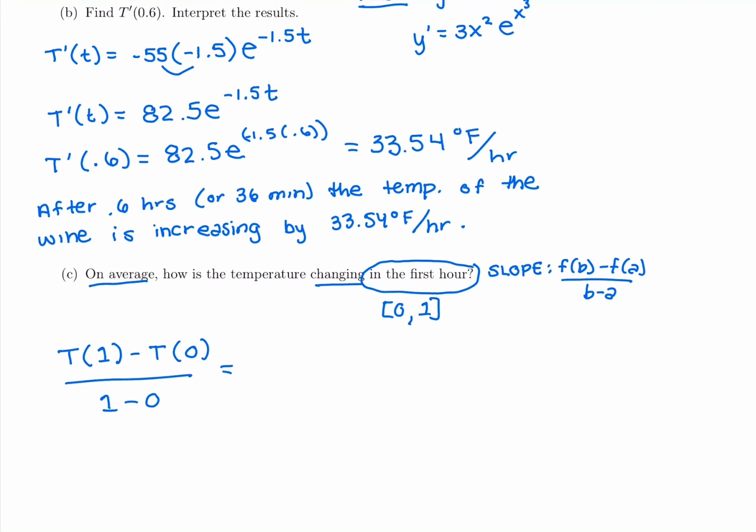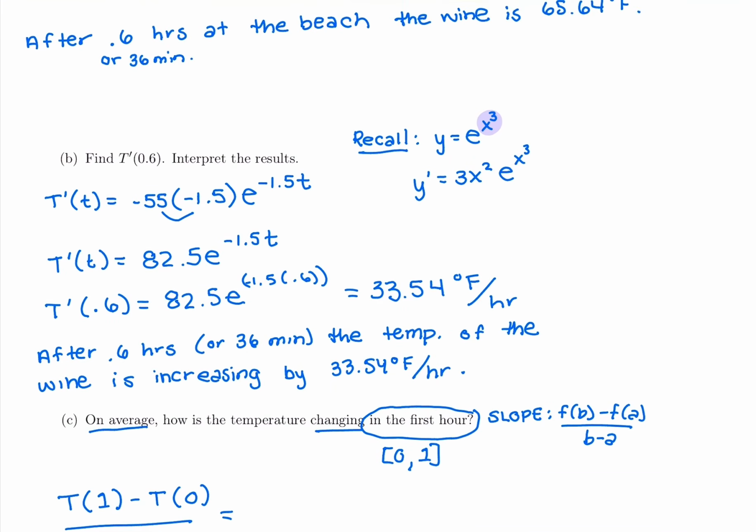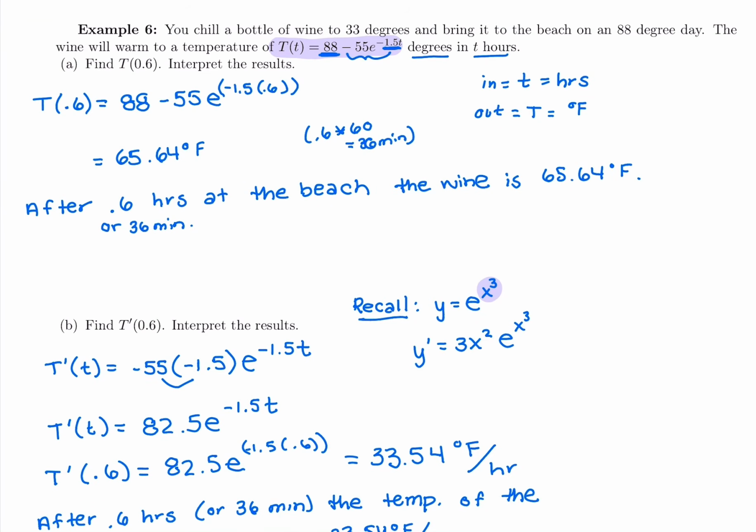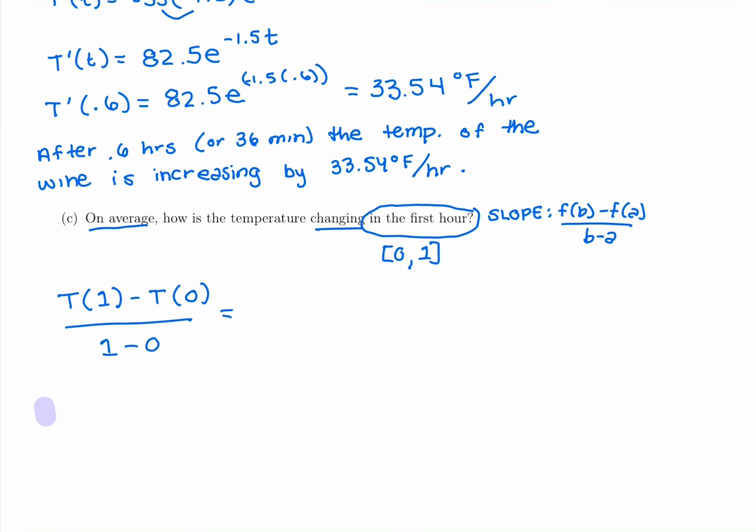So we'll have to plug into this original equation twice, or maybe not plug in 0 because it gave us that temperature, but we would want to plug into this equation here, 88 minus 55 e to the negative 1.5t. So I'm going to grab my calculator and figure out what t of 1 is.